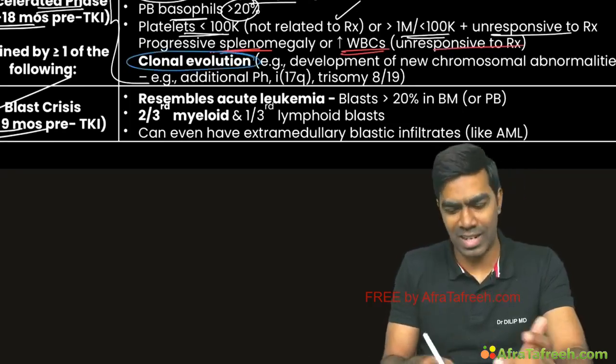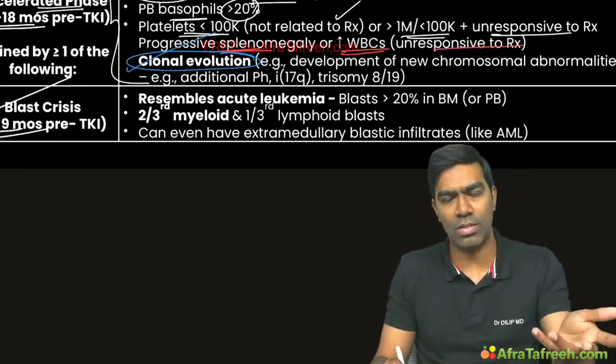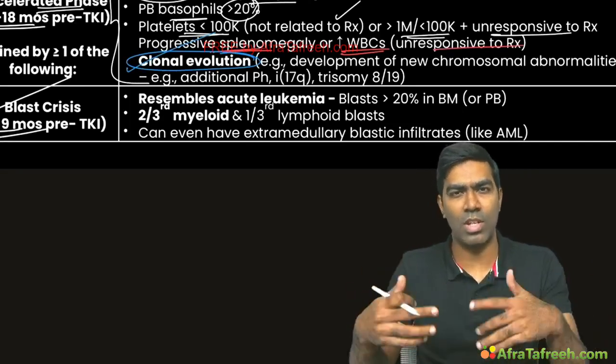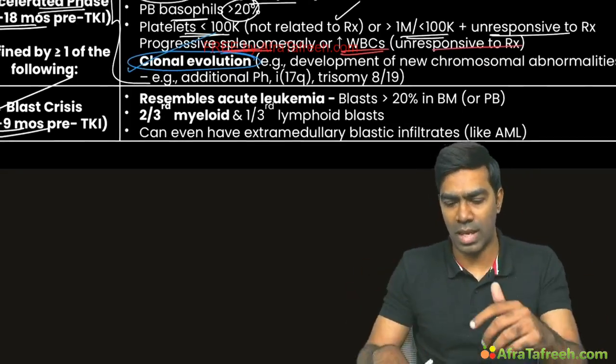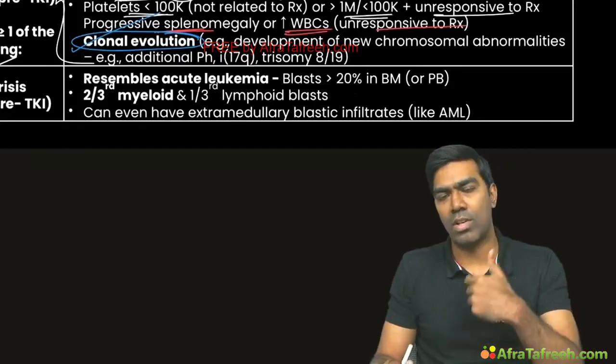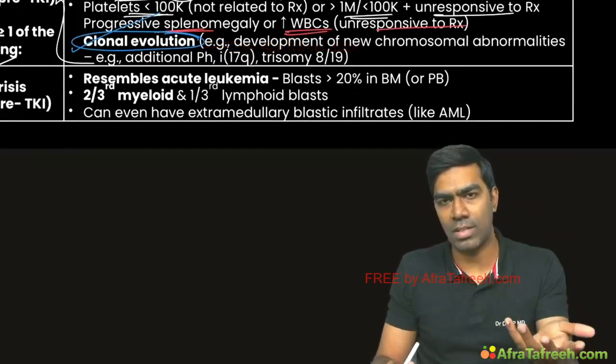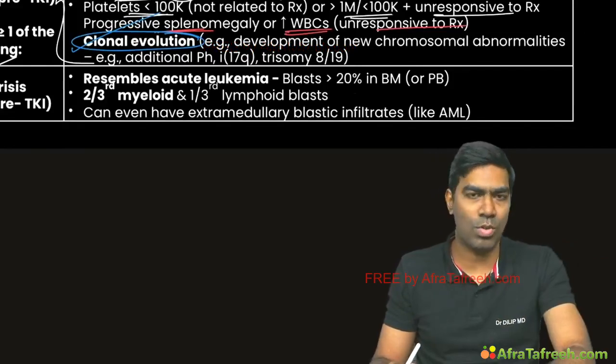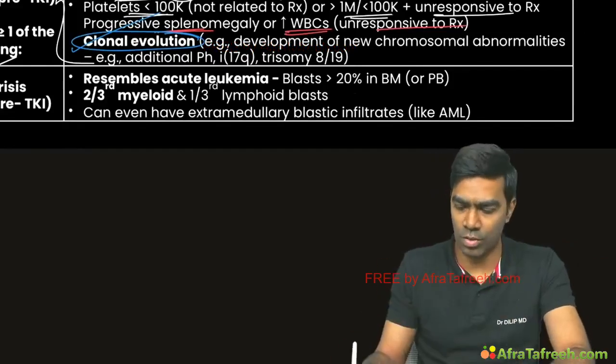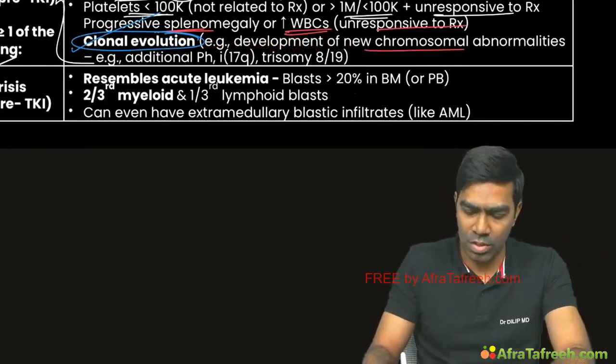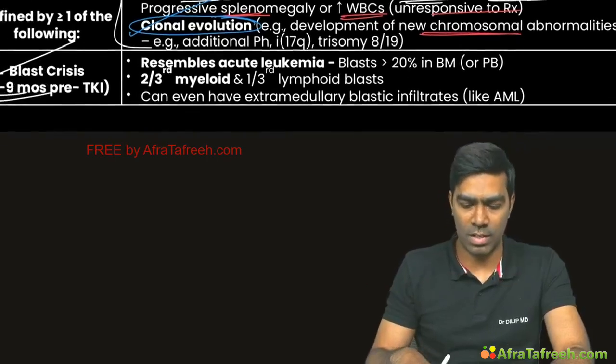One of the important characteristic features of cancer is clonal evolution. As time progresses, new changes start appearing. They evolve more and more in terms of chromosomal abnormalities, cytogenetic changes, and new mutations as well. This is what we call clonal evolution. So it is defined as the development of new chromosomal abnormalities.